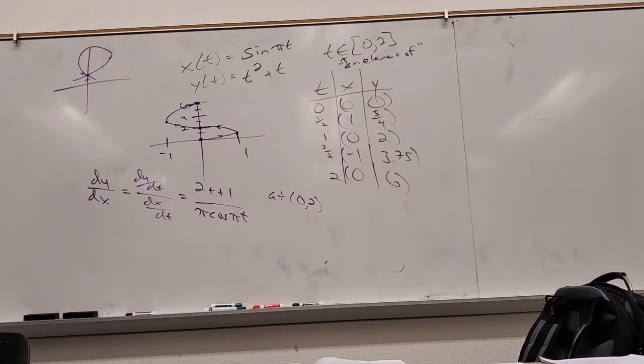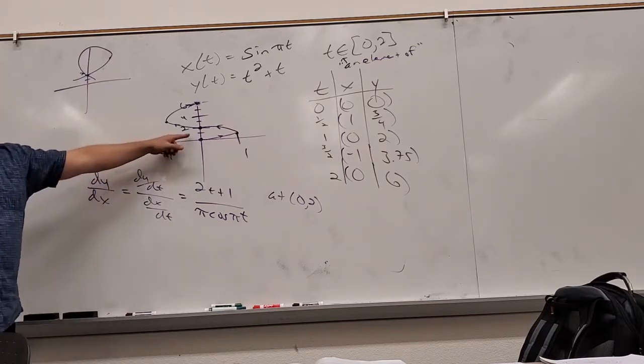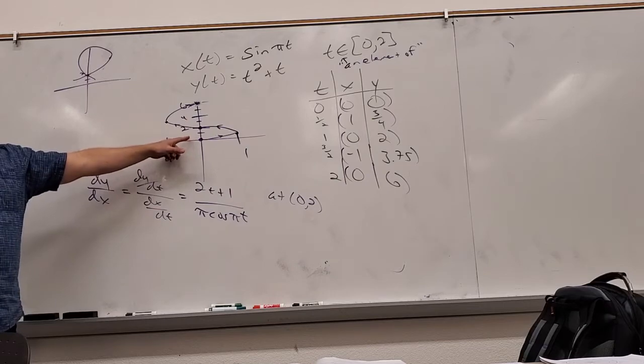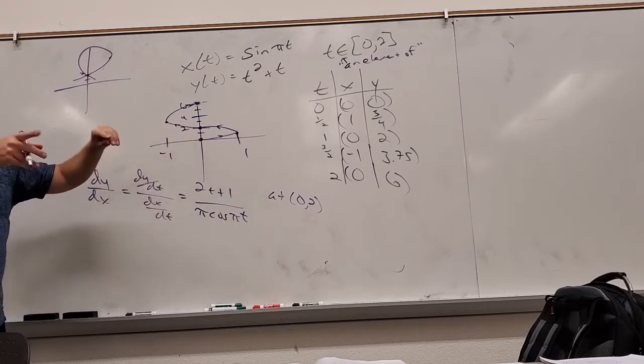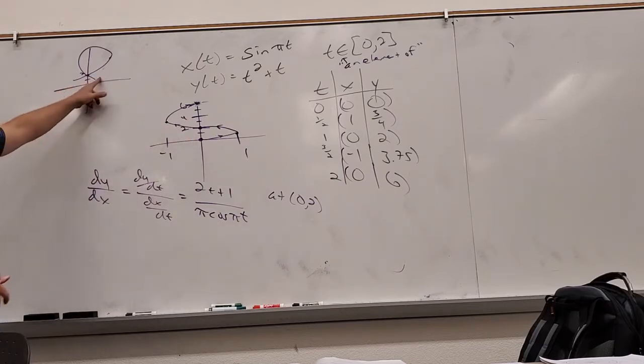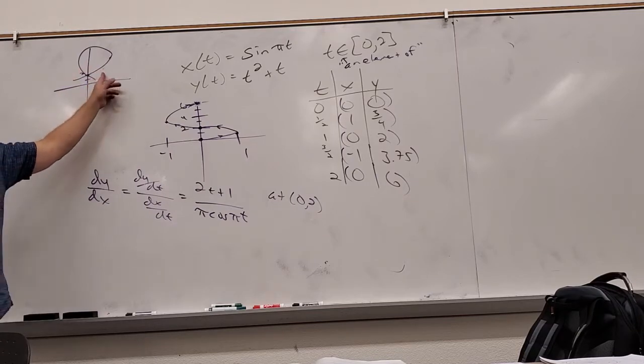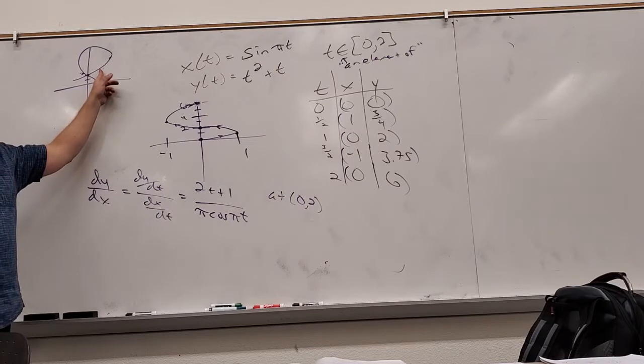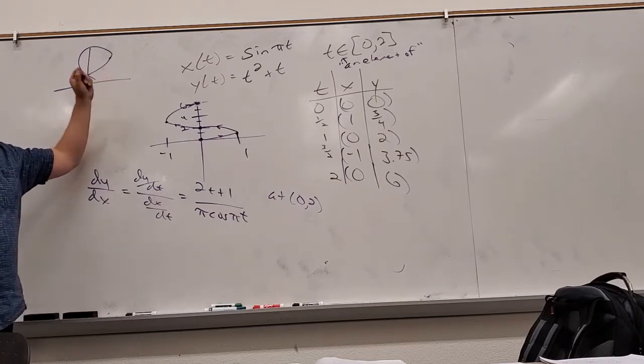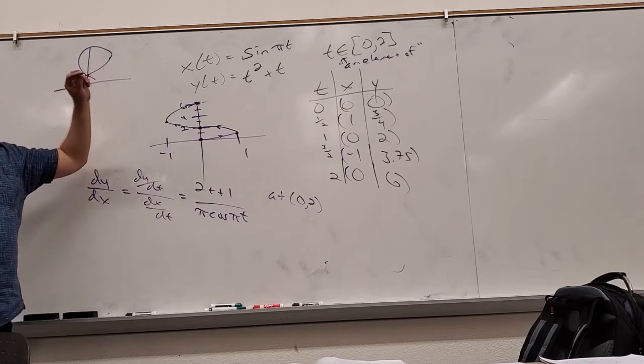By the way, is this a function of y? This is a function of y. Is this a function? No. It's not a function of x or y, but it is a function of t. At any given t, I'm at one place. Do you understand what I'm saying? At any given time.